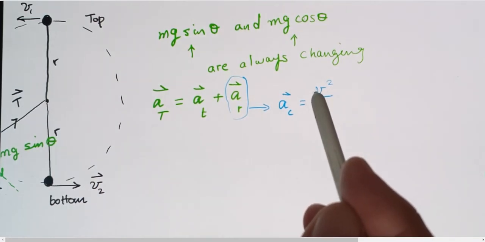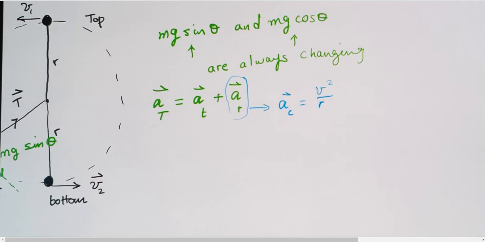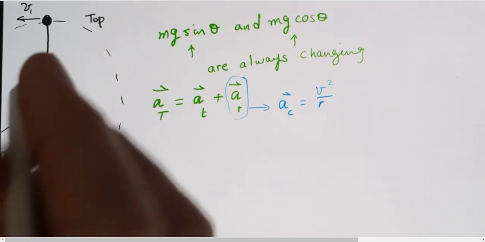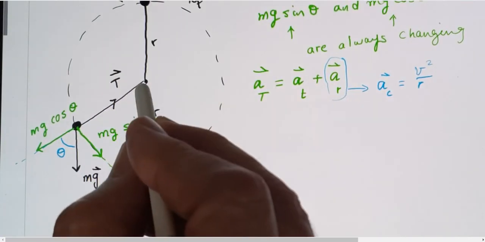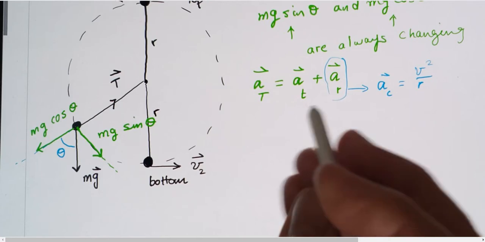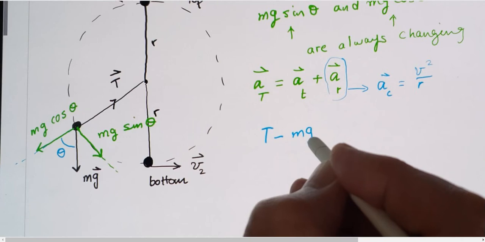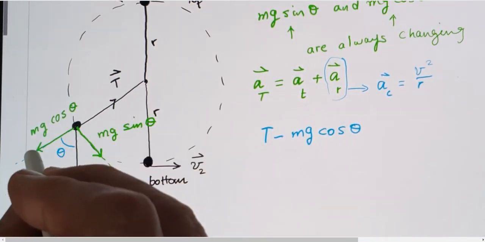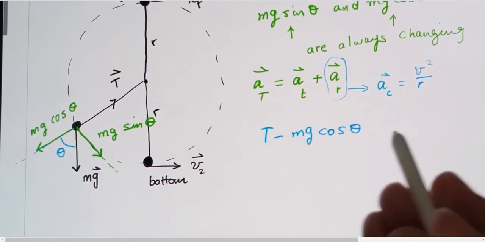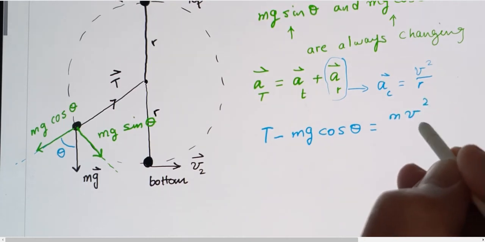And v is always changing. So the centripetal acceleration is always changing. Okay, what else can we write in terms of physics? Well, look at the tension. We have the tension minus mg cosine theta. Here is the tension, and here is mg sine theta. So it's a minus sign, and that's equal to m v square over r.